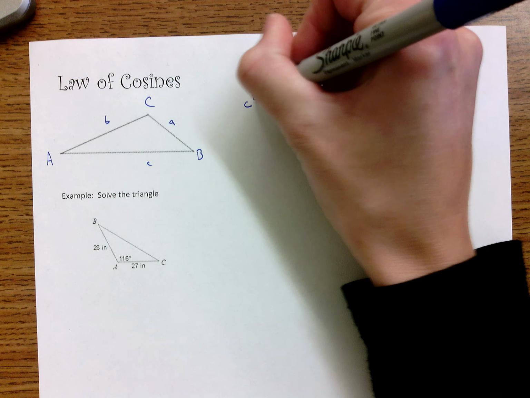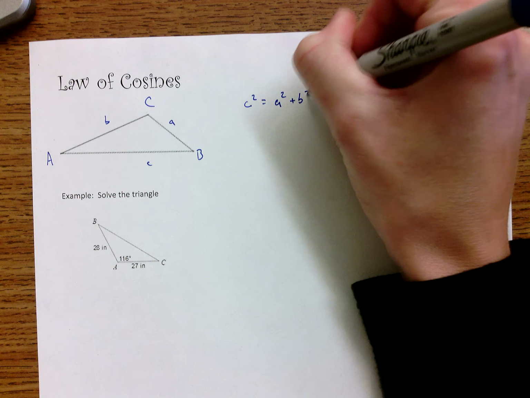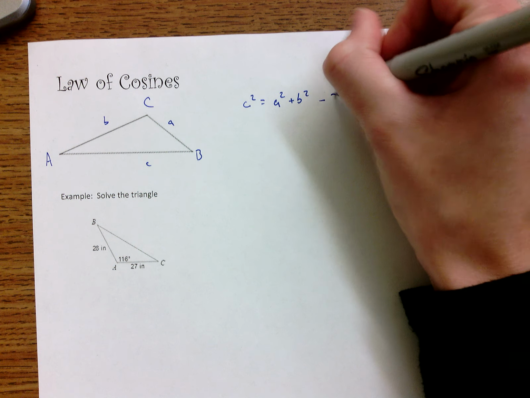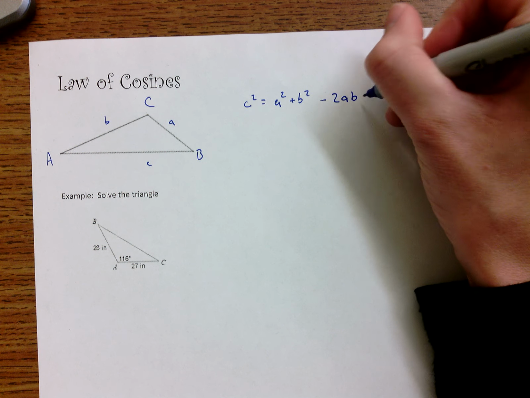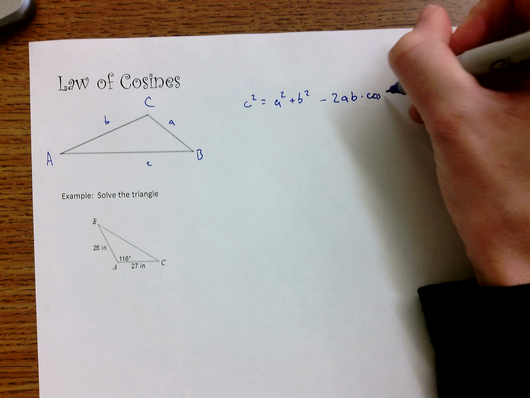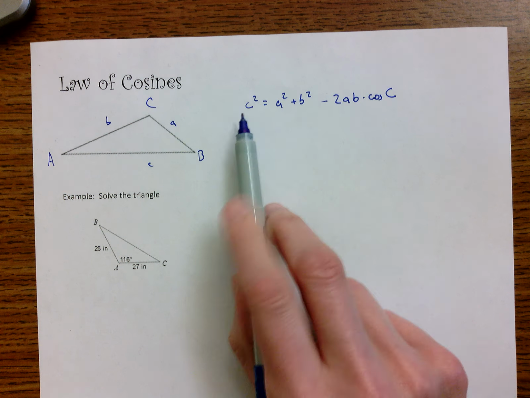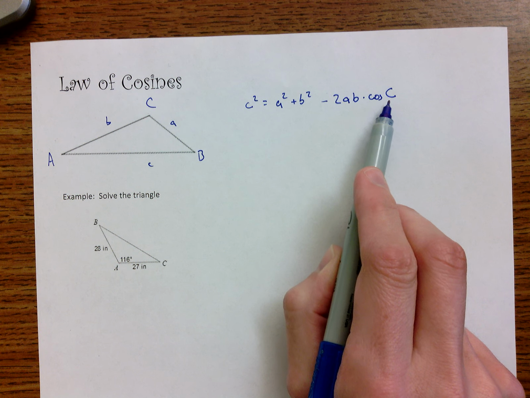So it starts out with side c squared equals side a squared plus side b squared, right? But then additionally, it's going to be minus 2 times side a times side b times the cosine of angle c. Okay, so all of these are side lengths, and then you've got this one angle at the end.